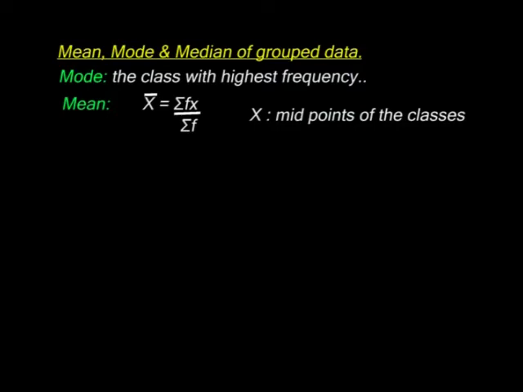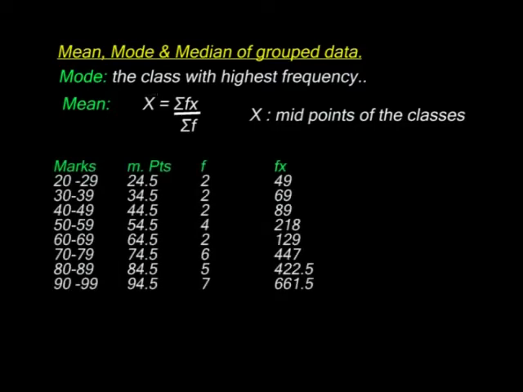Let us take an example, and on your screen we have a table representing a certain data. On the very extreme left, we have the marks, the group data 20 to 29, 30 to 39, all the way to 90 to 99. We then have a second column of midpoints.